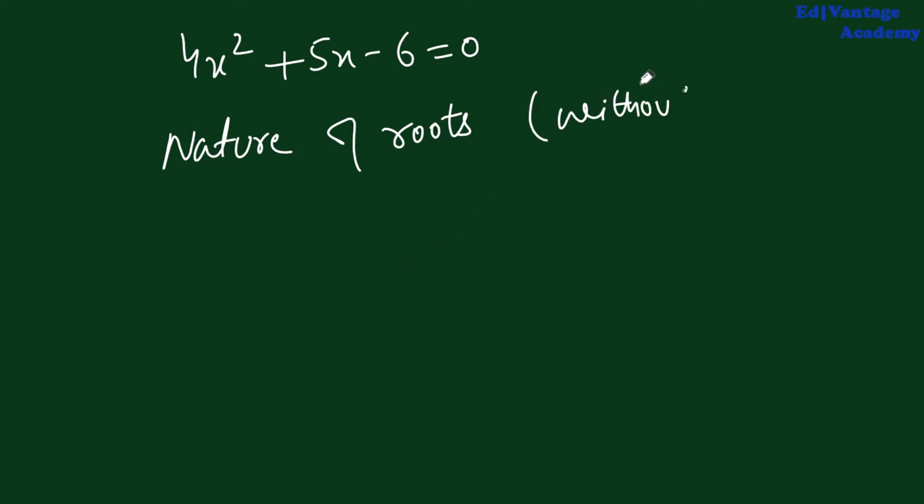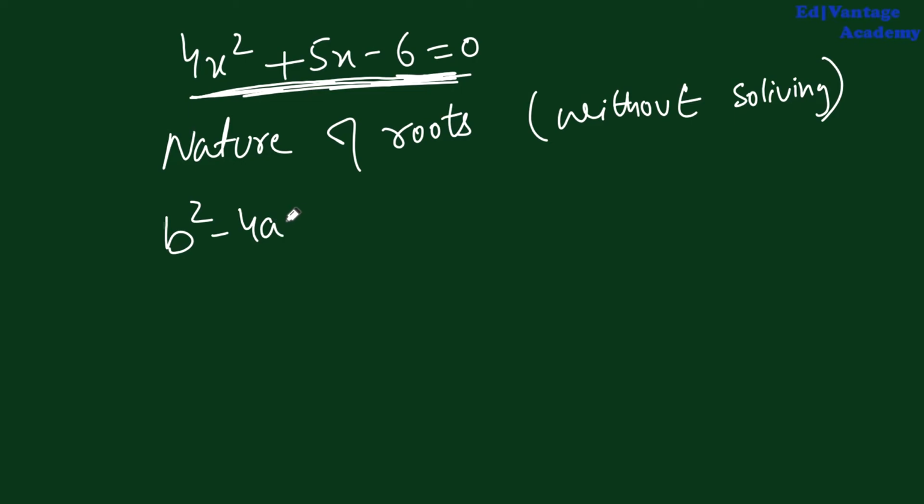If I simplify this by factorization method or formula method, I'll get two values of x. But they said no, without solving, tell us. Without knowing the values of x, how can we tell whether the roots are real and equal, real and unequal, or imaginary? We just need to do b square minus 4ac. That is called the discriminant.